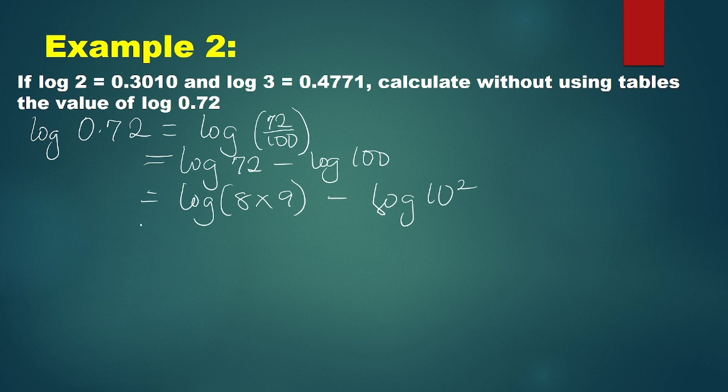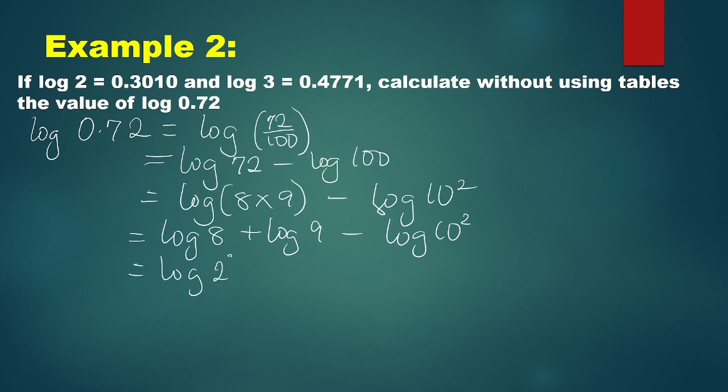Now, applying my multiplication law in logarithm, I can break this into log 8 plus log 9, then minus log 10 squared. Log 8 can be written as log 2 raised to the power 3 because 2 raised to the power 3 is 8. And log 9 can be written as log 3 raised to the power 2 because 3 raised to the power 2 is 9, minus log 10 squared.